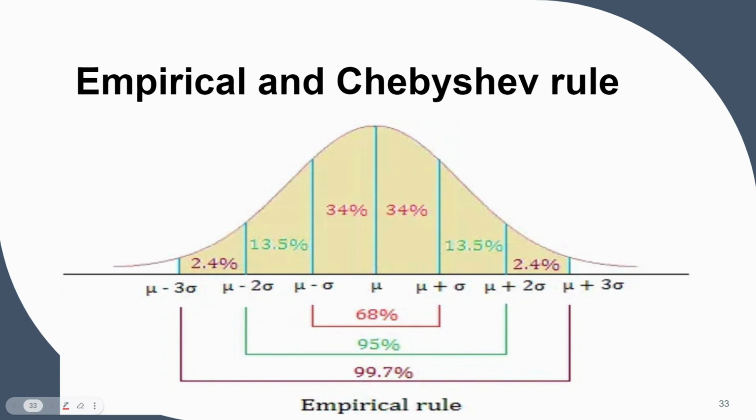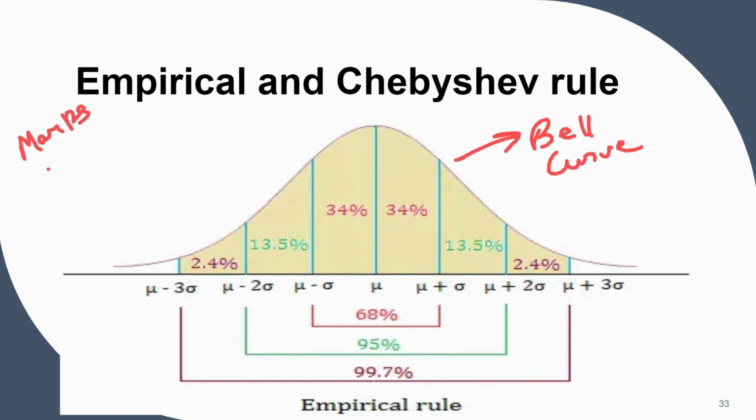Right now I want to discuss the concept of normal distribution. Bell curve is what we call this kind of curve. Let us say that I have collected the marks of 100 students in an exam. The marks are out of 100.